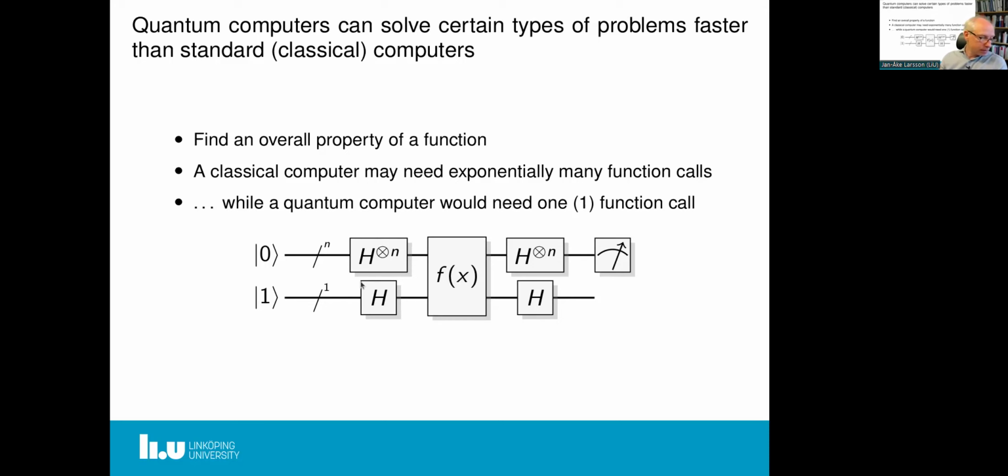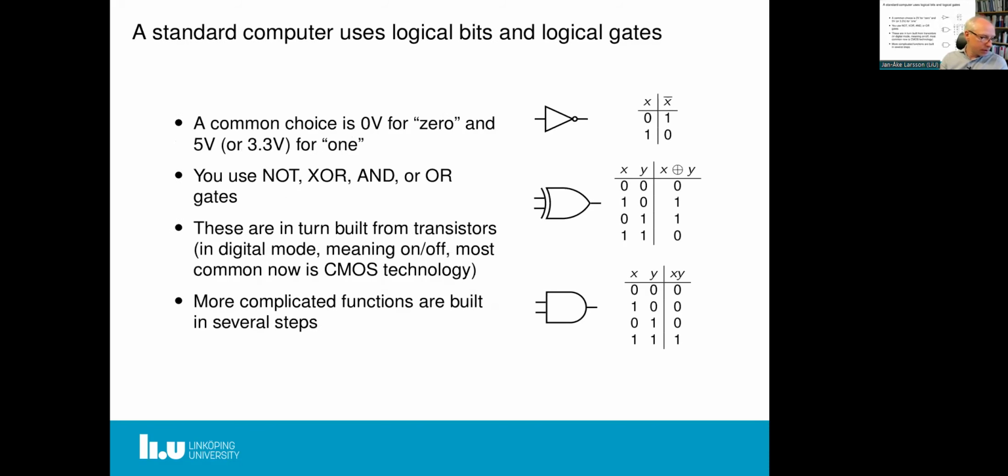So a standard machine uses logical bits and logical gates. You're used to that. You build it up from NOT gates, XOR gates, AND gates, or OR gates indeed. And what you're after here is to have addition and multiplication, the XOR gate and the AND gate, so to speak.